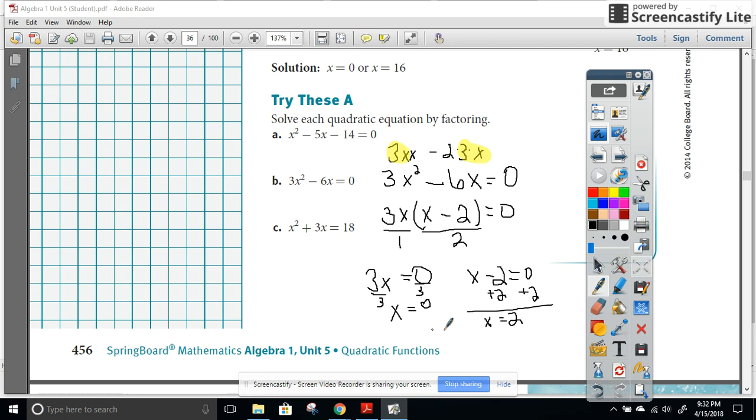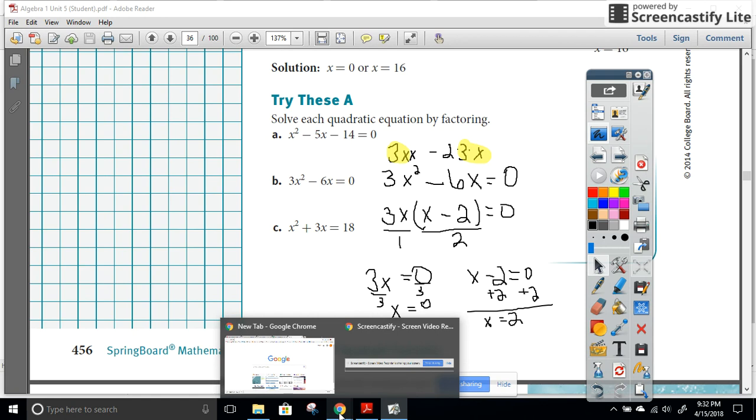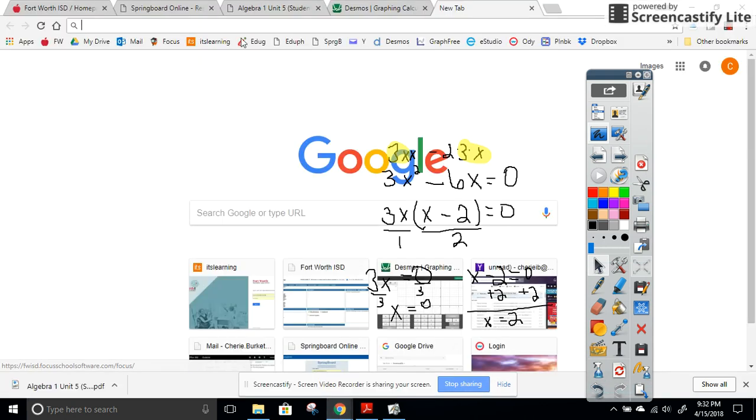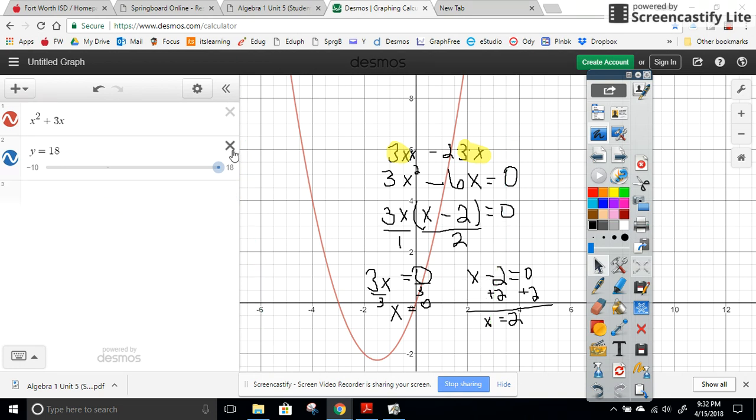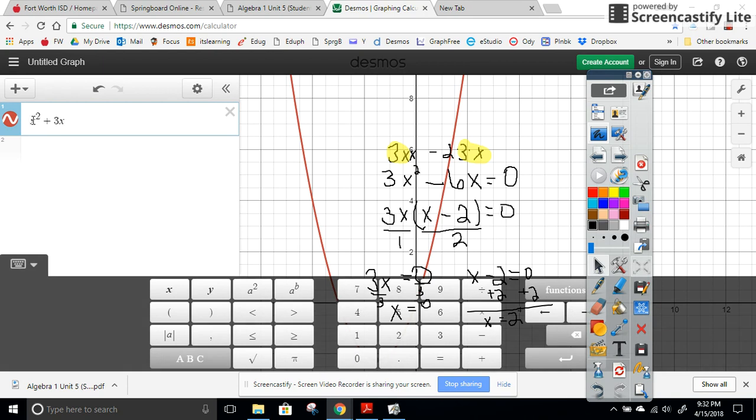So what does this mean? That means that we expect this thing right here to cross the x-axis at 0 and 2. So let's run over here, and it's 3x squared minus 6x. Okay, let me kill all of this. 3x squared minus 6x.